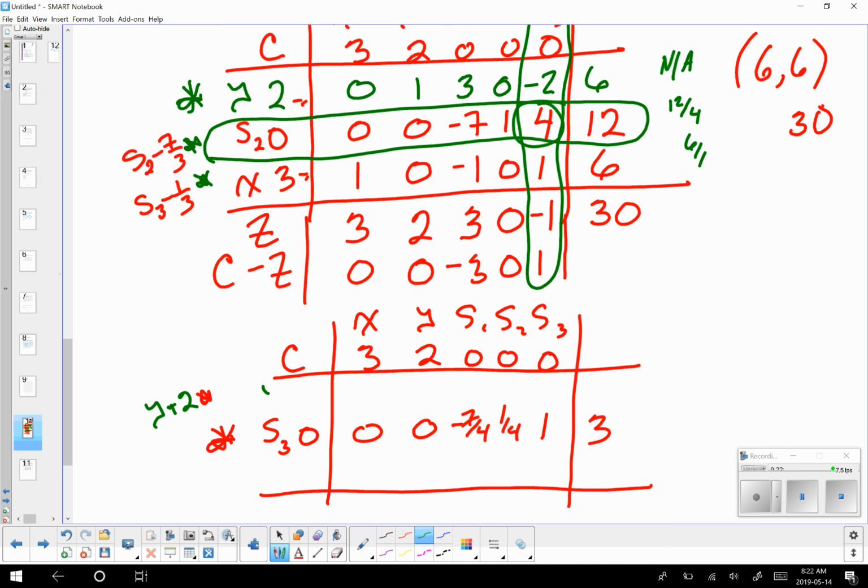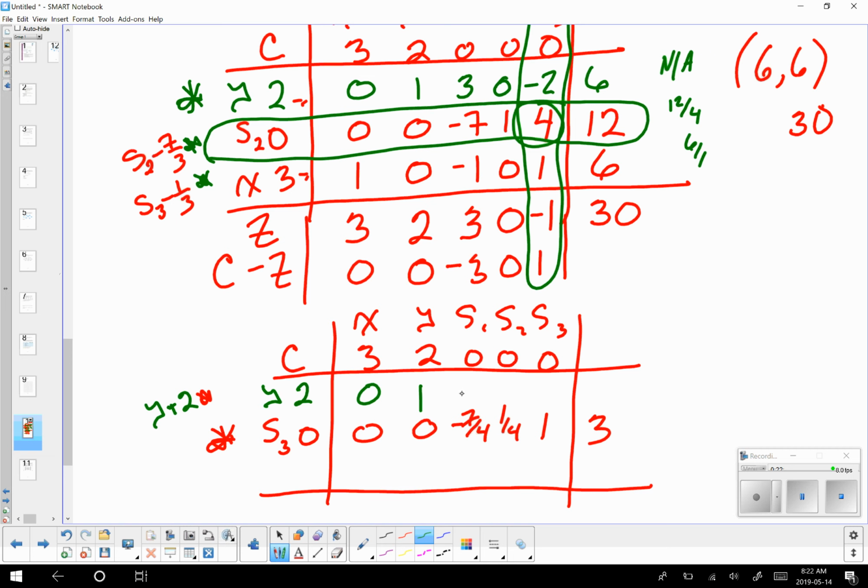So that's y. And it's 0 plus 2 times 0 is 0. 1 plus 2 times 0 is 1. 3 plus 2 times minus 7 over 4, which is really minus 7 over 2.